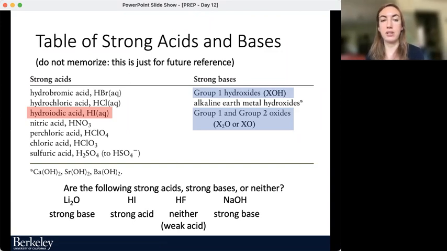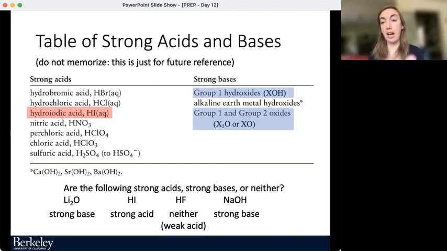Any questions on this or on what it means to be a strong acid or a strong base? So there's a question: the only way to know whether it's a strong acid or a strong base is from this chart. There are physical reasons why that's true, but for now we can just use the chart.